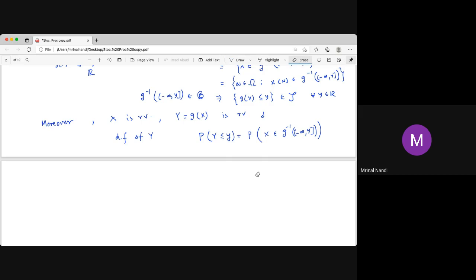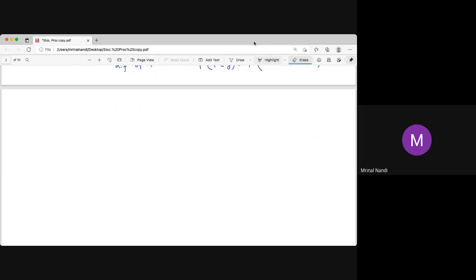So let's quickly look at an example. X is just a random variable with distribution function, say, capital F, and take some functions.